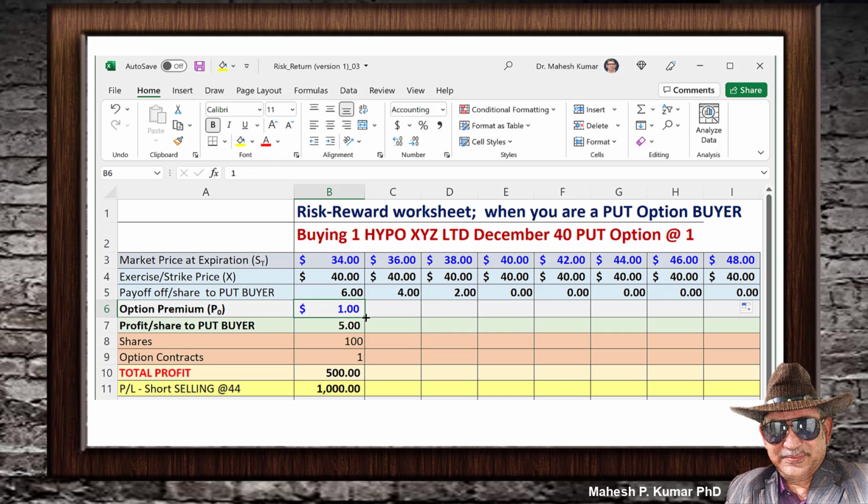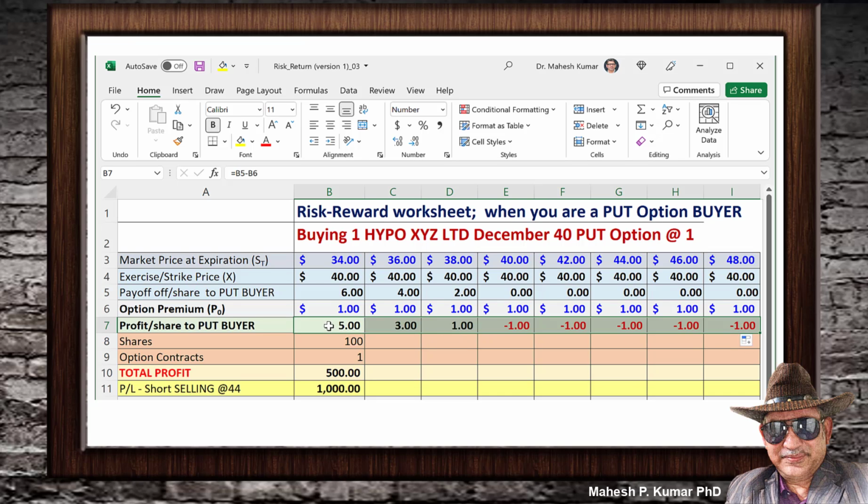So your payoff would range from 6, 4 to 0 in the situation when price is 40, 42, 44, 46 and 48. And remember, you have already paid the option premium to the put option seller. So this premium has to be deducted from payoff to get your profit per share. And this comes out to be 5 when market price on expiration goes to 34.